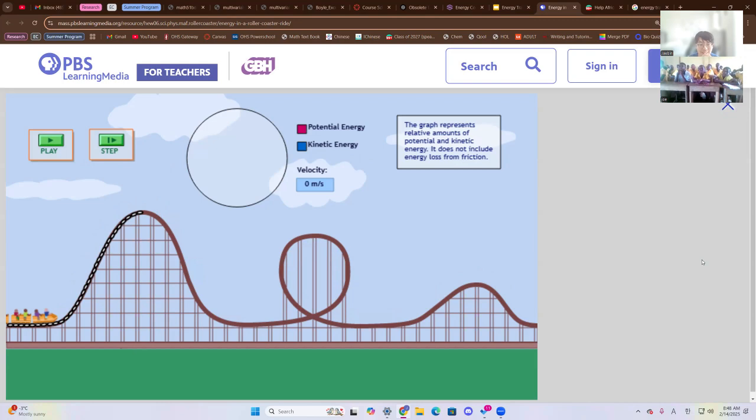So you can see it's building up potential energy and it gets converted to kinetic energy and back into potential. So we look at it step by step.